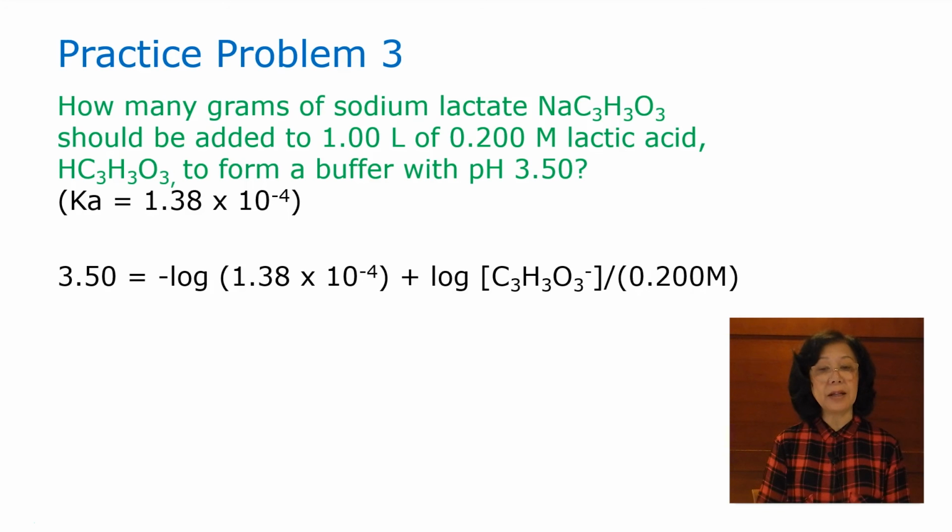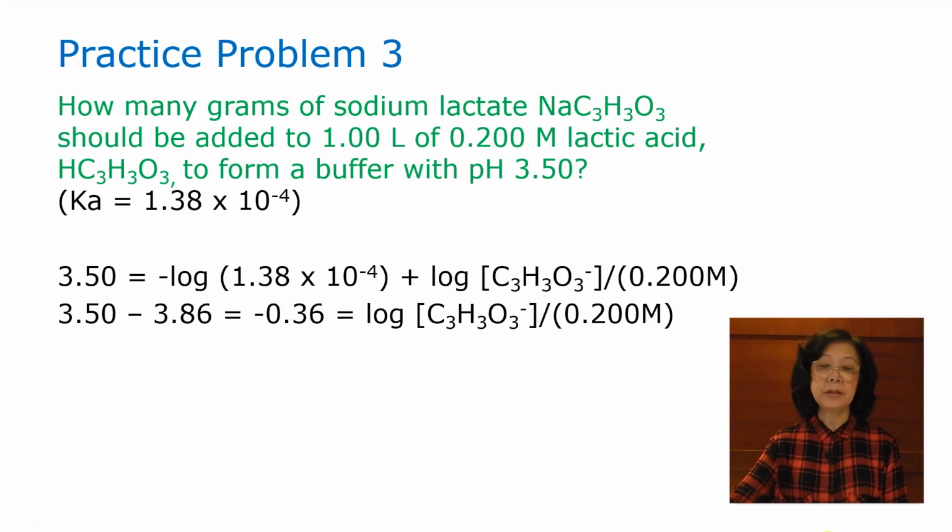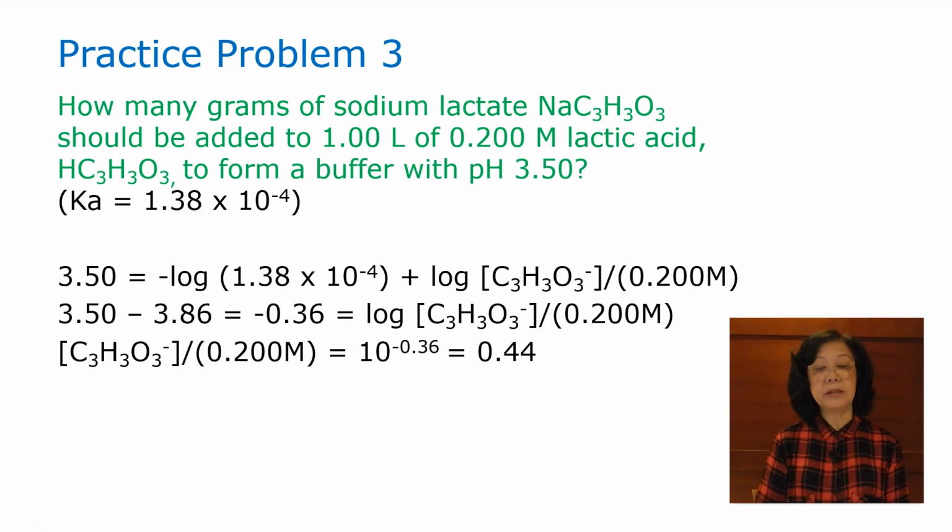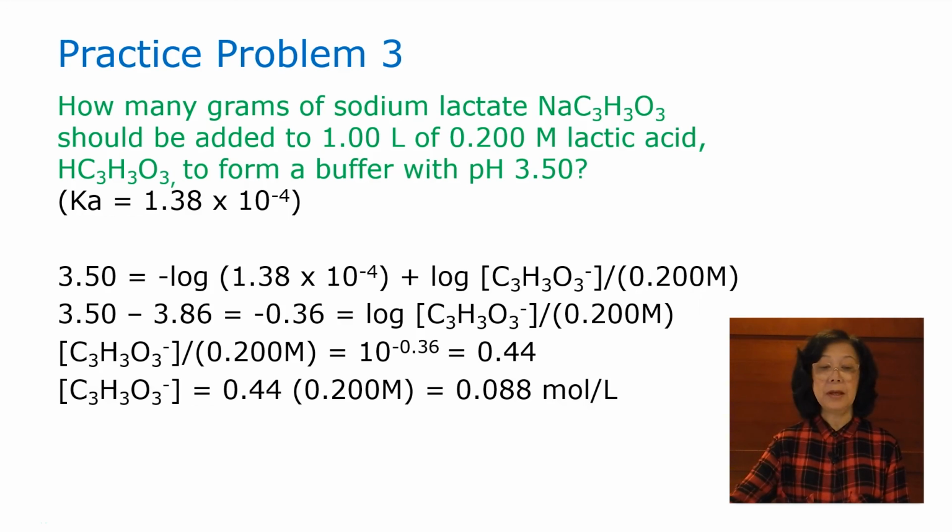Since we know that lactic acid is 0.2 molar, we can put it into the ratio, and now we are solving for the concentration of the lactate ion. So using the math, it turns out the ratio is 0.44, and cross-multiplying, we get 0.088 mole per liter of the lactate ion.